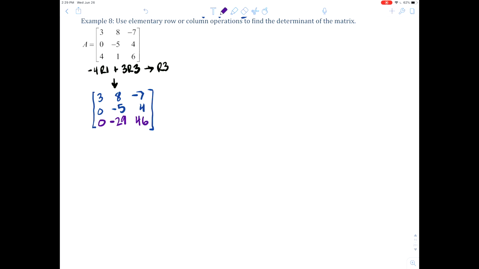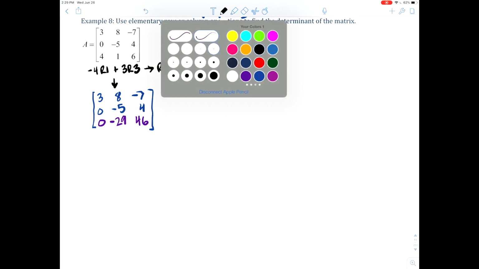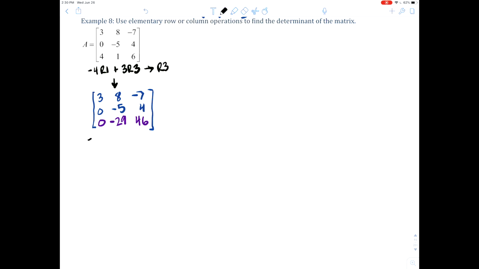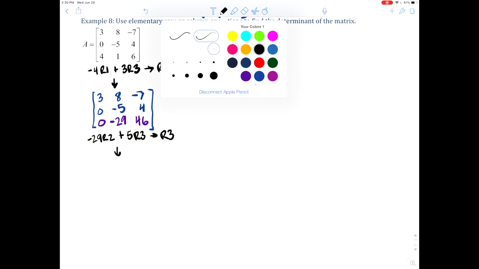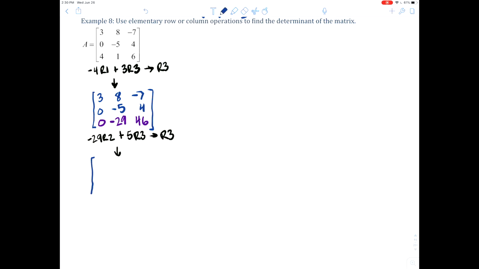Cool so far? Okay, next step we'll have -29 row 2 plus 5 row 3 for a new row 3. This will give us our 0 will stay here.